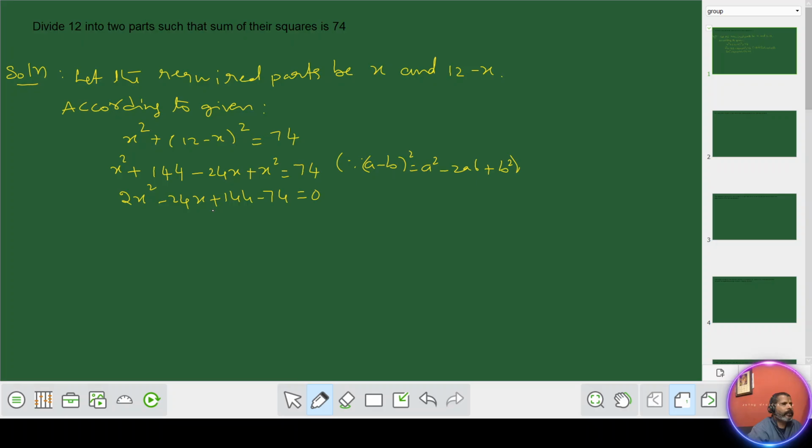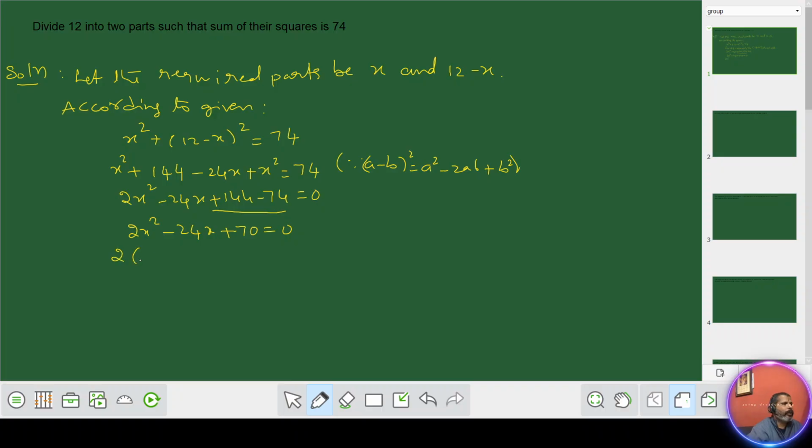Then simplify these two. So the equation becomes 2x square minus 24x plus 70 is 0. 144 minus 74 is 70. 4 minus 4 is 0, 14 minus 7 is 7.